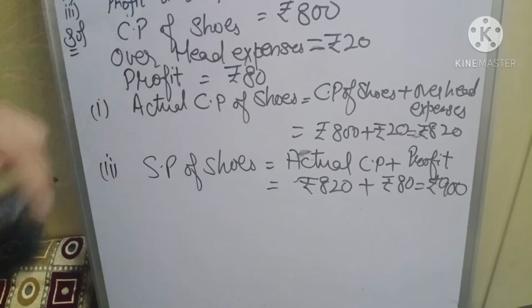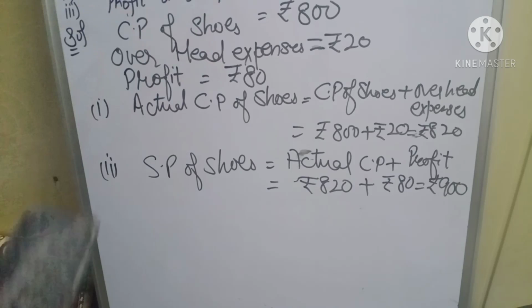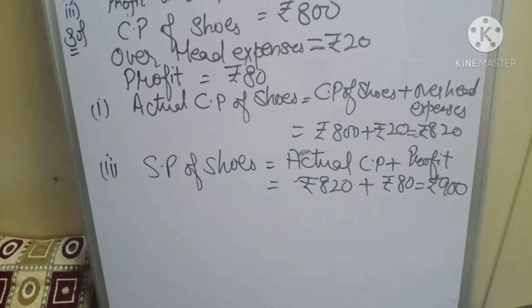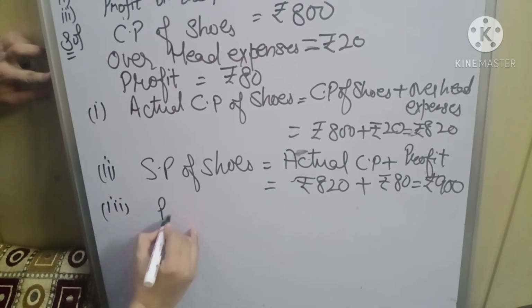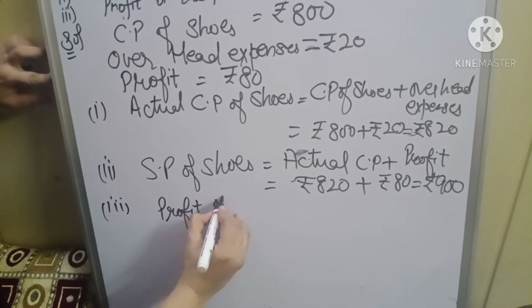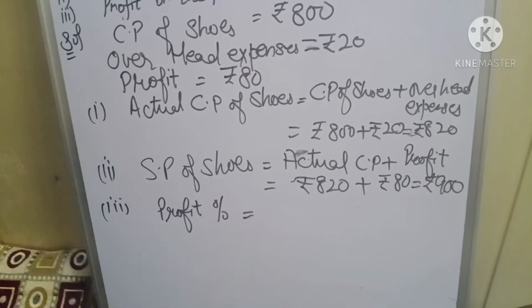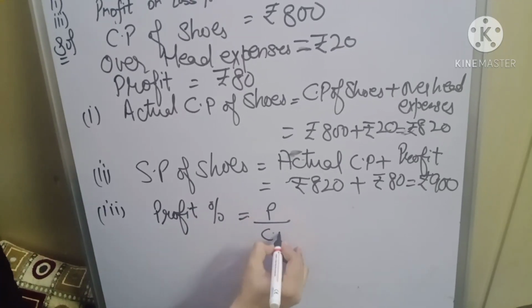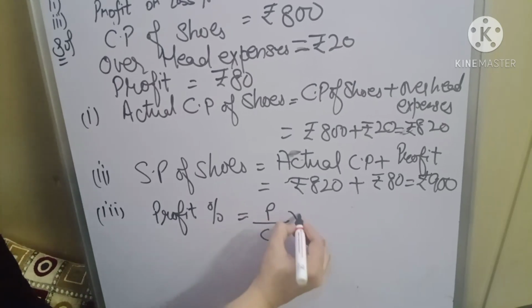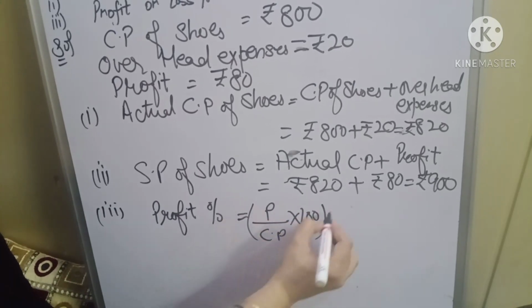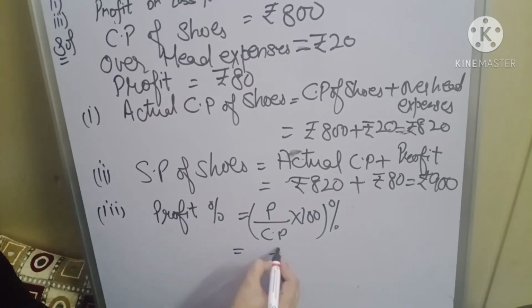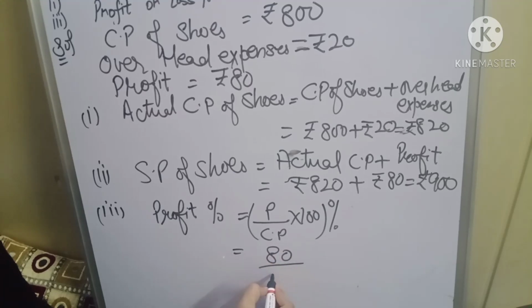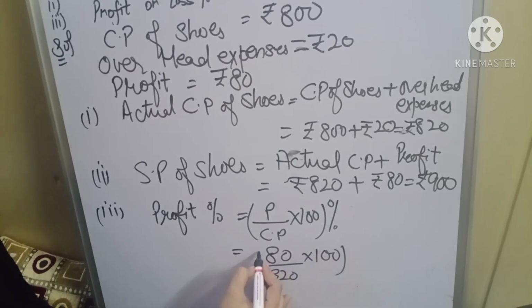Now, in the last part, they are asking about profit or loss percent. Profit is clearly given in your statement, that he has a profit of rupees 80. So what are we going to find? Profit percent. Profit percent is equal to profit divided by cost price multiplied by 100. So profit is 80 rupees, CP is 820, multiplied by 100.